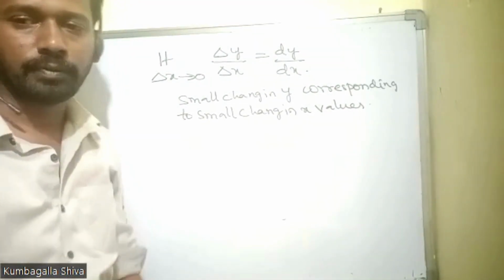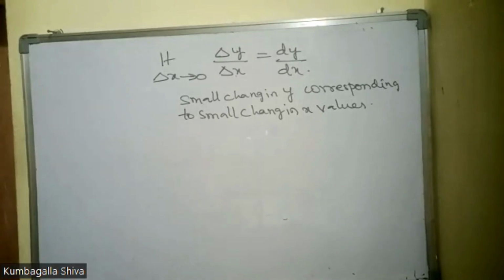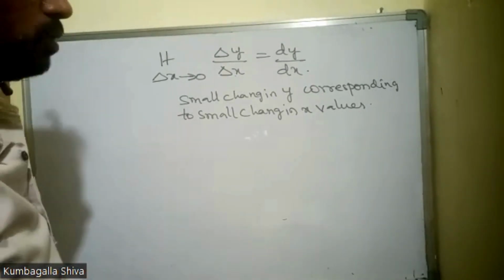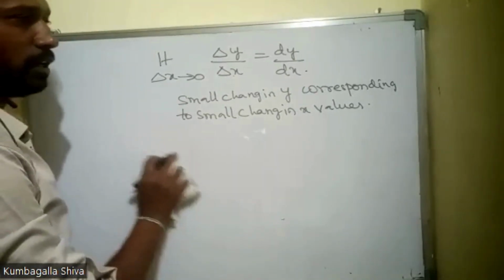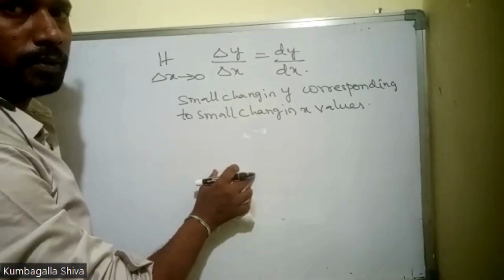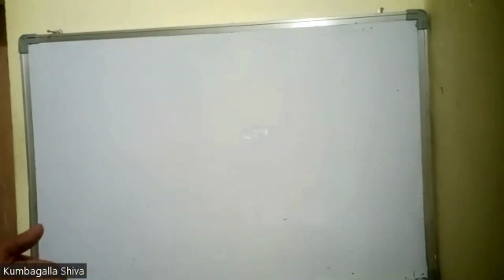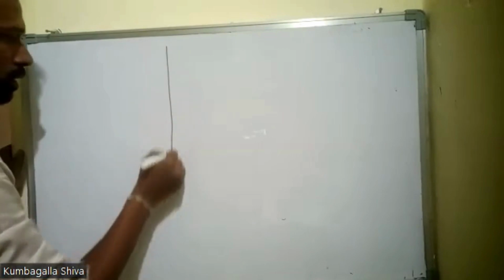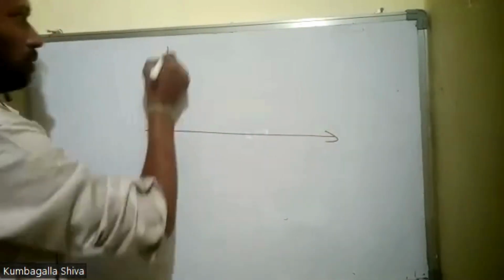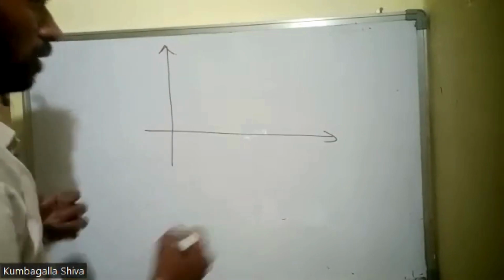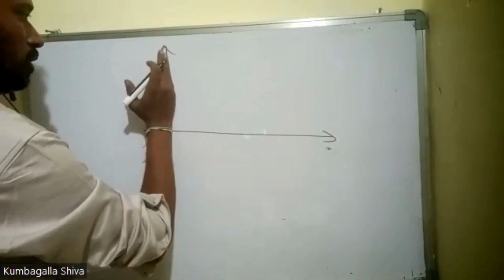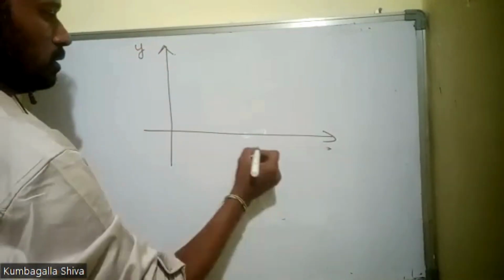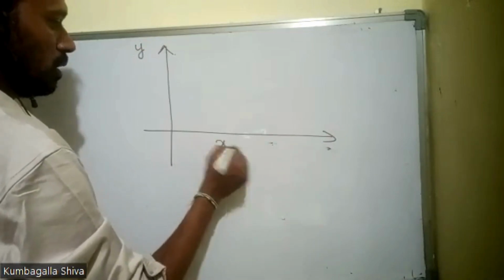Let us go through the graphical approach so that you will understand the concept very well. Let us take the graph. This horizontal line is the x-axis and the vertical axis is y.